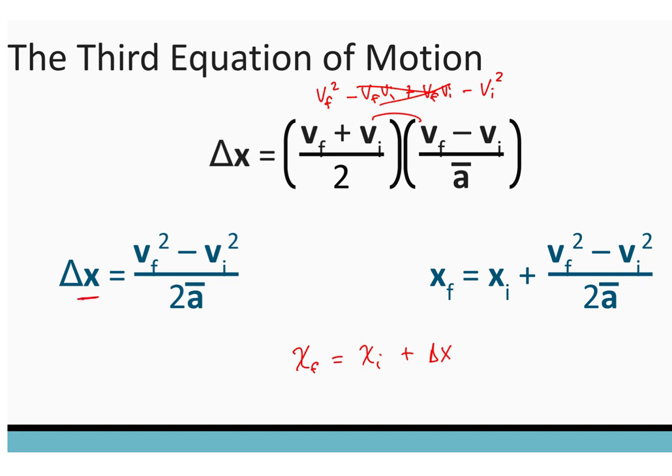So there's yet one more way you can find your final position. This time, what if you don't have time? Let's say I don't have time, so I can't use my original one. I can now replace this with the change in position I just found, the one where I don't have time involved.